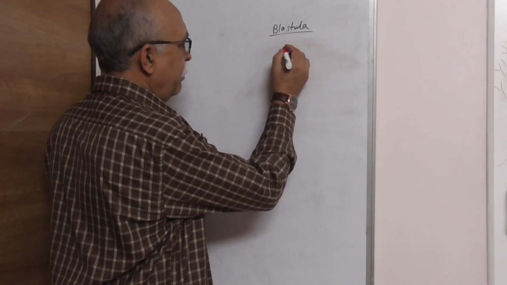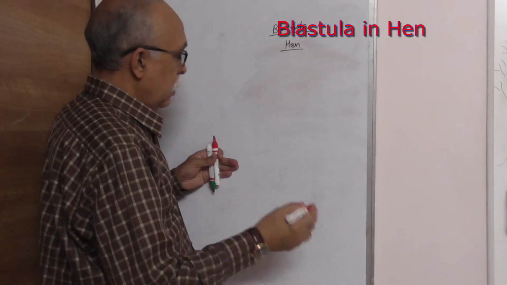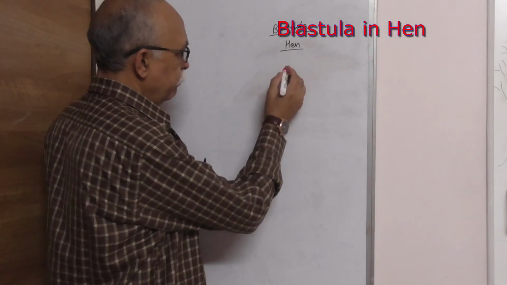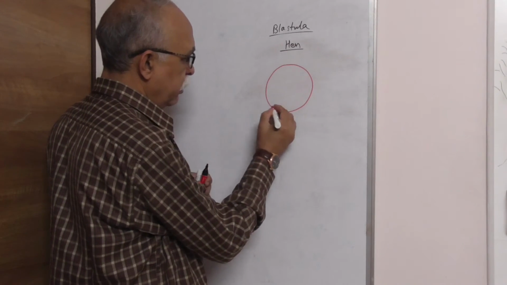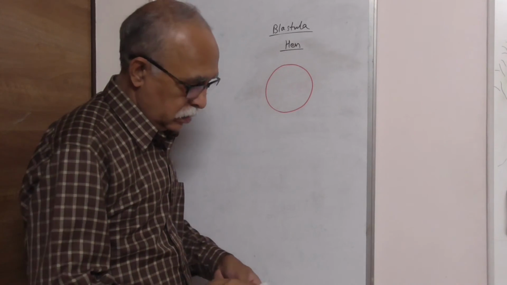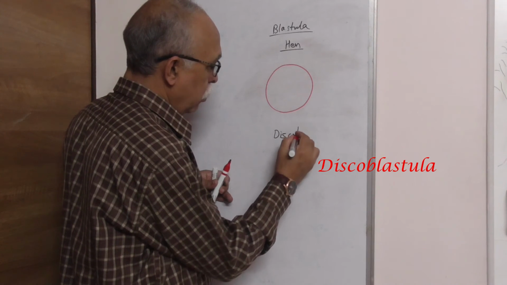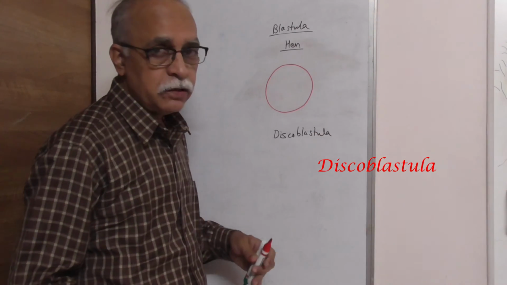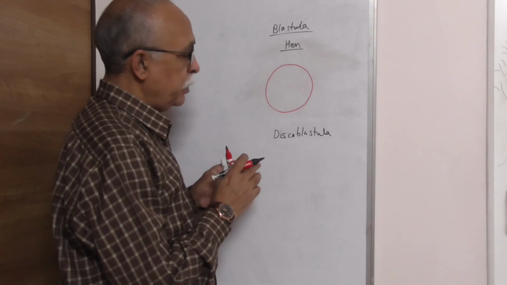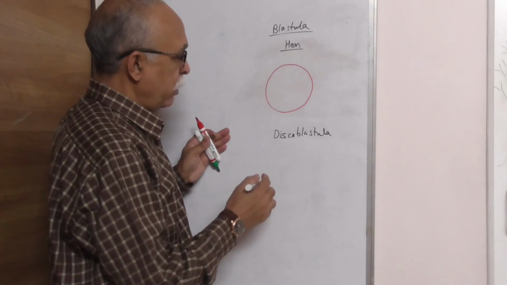Then let's talk about the blastula in hen, that's a bird. Here, if you recollect, this is the entire sphere. The stage is going to be a discoblastula, because here we have seen there to be a blastodisc which develops into an embryo.